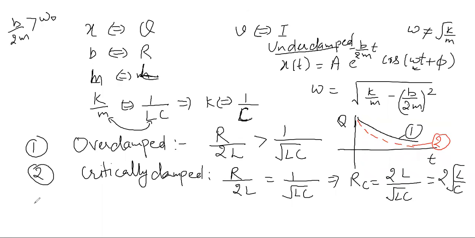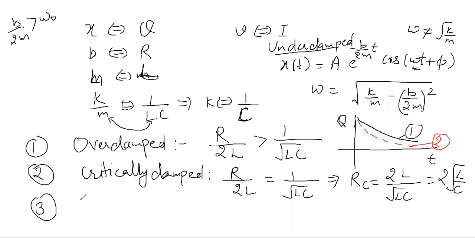Now talking about the third scenario, which is your underdamped. Again, like in the case of mechanical oscillator, LCR circuit में, if your circuit is overdamped or critically damped, आपका चार्ज जो है वो oscillate नहीं करता है, it's going to simply decay exponentially.